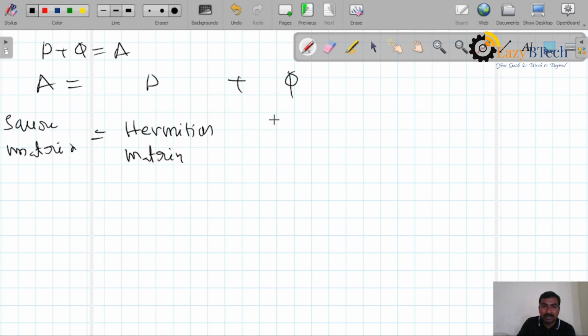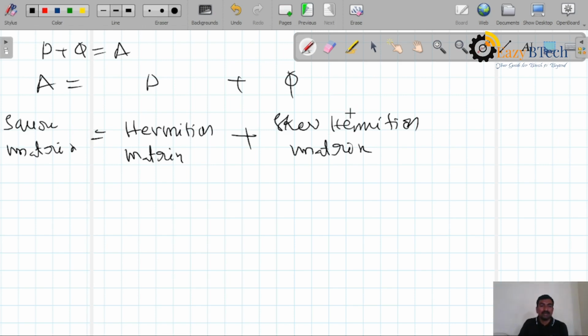What is Q? Q means skew Hermitian matrix. Finally, what happened? A square matrix equals Hermitian matrix plus skew Hermitian matrix. This is our proof.